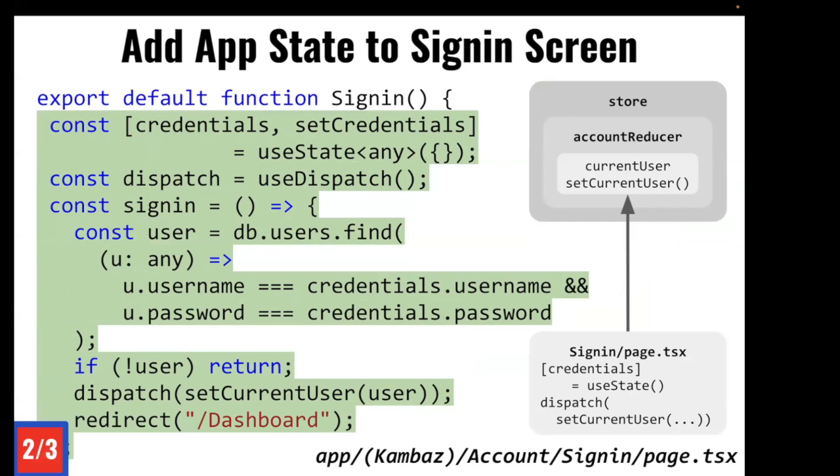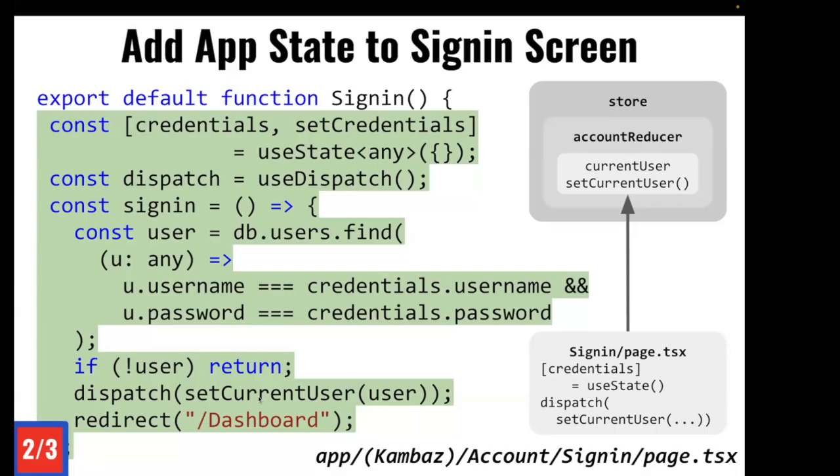We're going to type in our username, our password, and when we click on the sign in button, we're going to iterate over the database of users to see if we can find any user whose username and password match the fields that we are updating. If the user does not exist, we just return, we don't do anything. But if the user does exist, then we're going to store it in the reducer, in the global state.